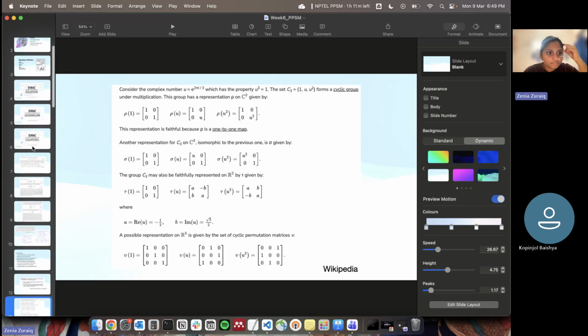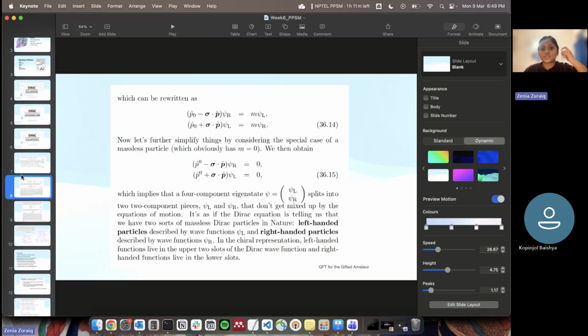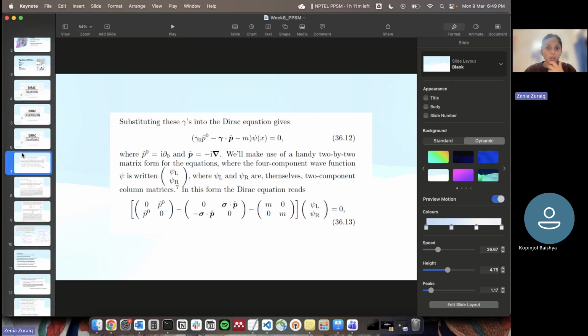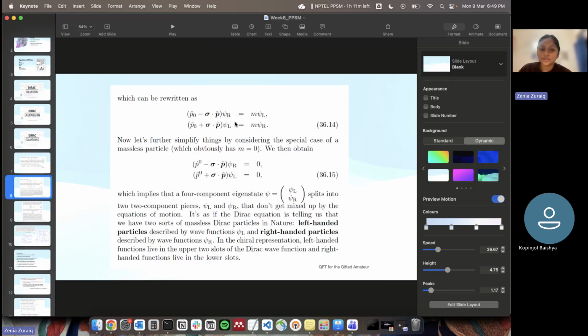Remember that in the Dirac equation, the mass term mixes the left and right-handed particles. You can see that if the mass is zero, then the right-handed and left-handed equations are independent of each other.